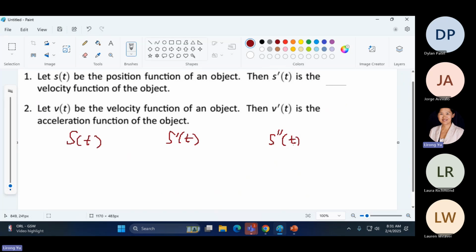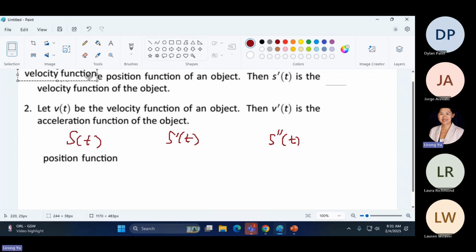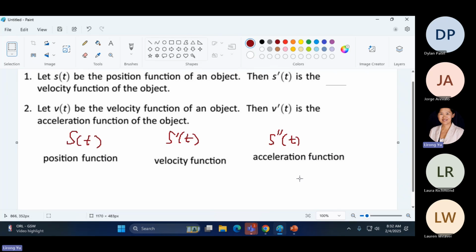This is called the position function. The derivative of the position function is called the velocity function, and the derivative of the velocity function is called the acceleration function. I'm just naming a couple of things that we will see again later in calculus or in physics.